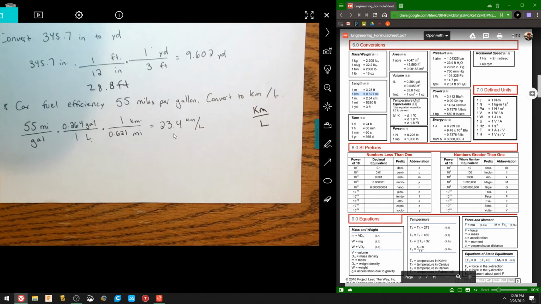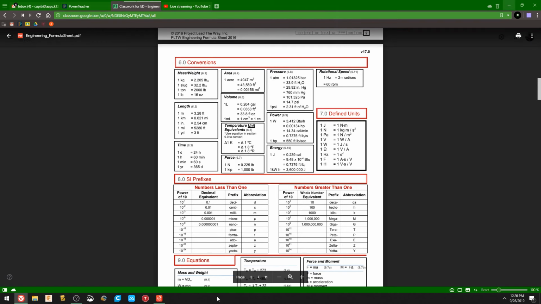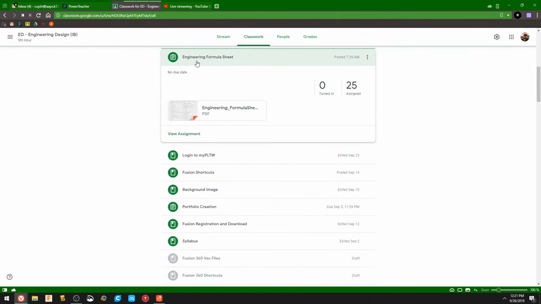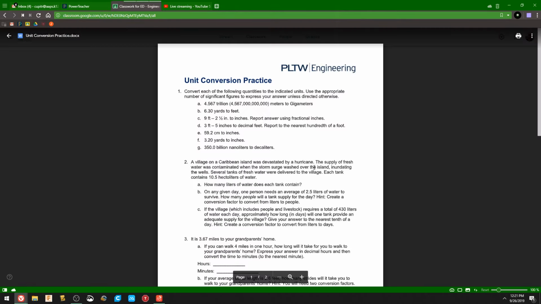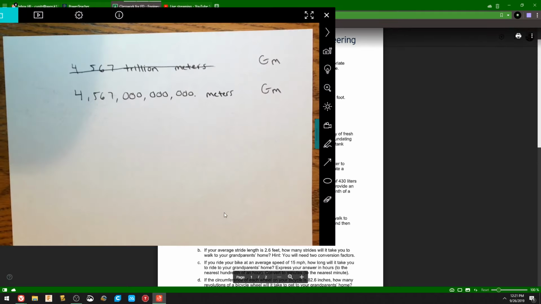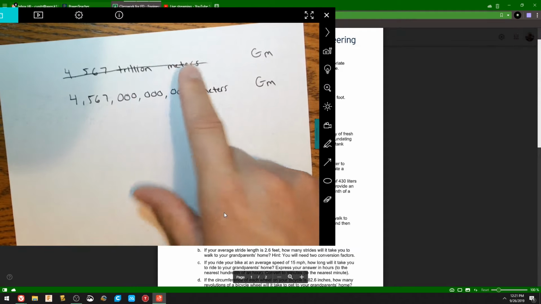It's over. Don't worry. The pain is off. So now what you're going to see in the activity looks like this. Inside of Unit 1, you're going to see unit conversions, and inside of there, you're going to see this activity. One thing that a lot of people are screwing up on is this, and I want to make sure this is clear. Part A kind of throws people off right out the gate. If you look at my screen here, you're going to see 4.567 trillion meters to gigameters.